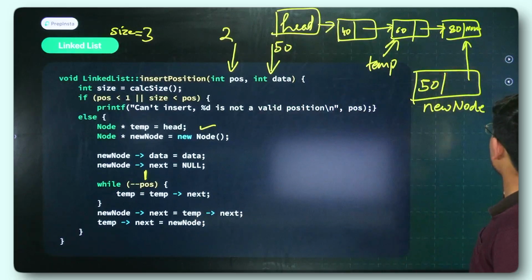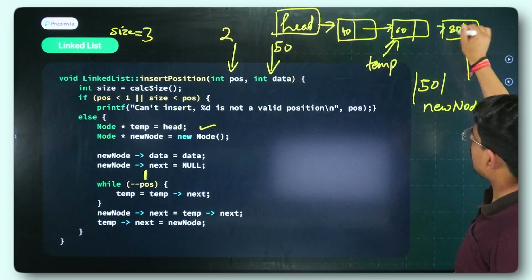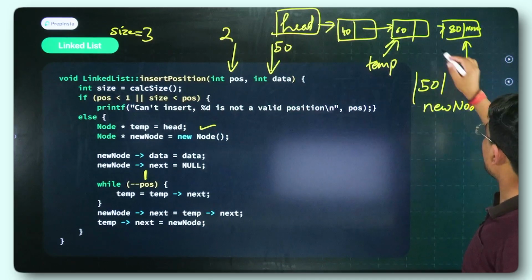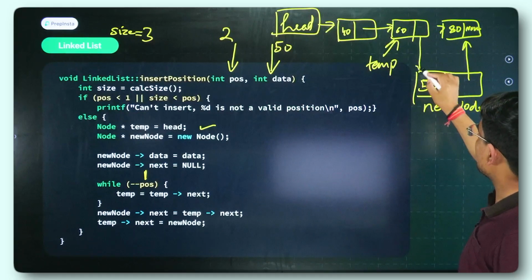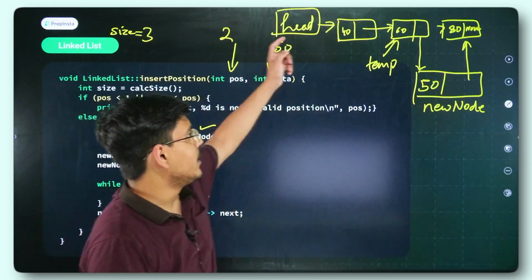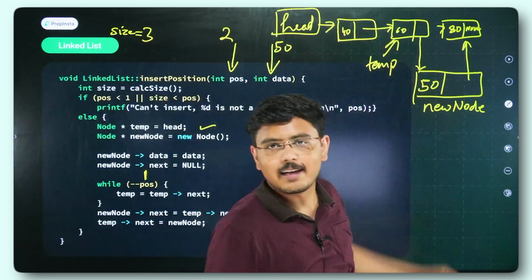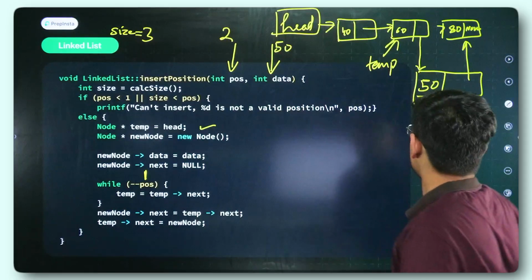So this particular pointer, which was earlier pointing to this last node, will now point to this node, right? So now it is automatically added. If you carefully see, it is a part and parcel of this linked list, right? So that's how you can insert at a particular position.